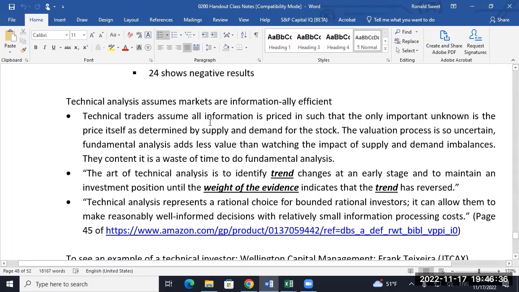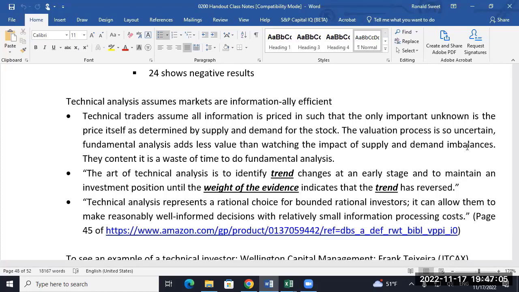So assume all information is priced in. The only important unknown is the price itself, which is determined by the supply and demand for the stock. The valuation process is so uncertain that fundamental analysis adds less value than watching the impact of supply and demand. And y'all will see that in paper 6. You can get almost any price you want, can't you, with small changes in your assumptions?